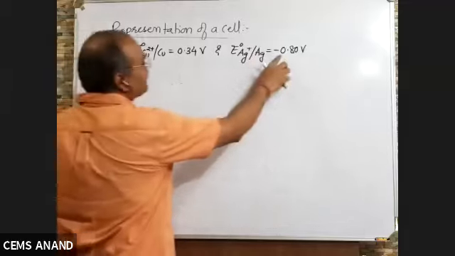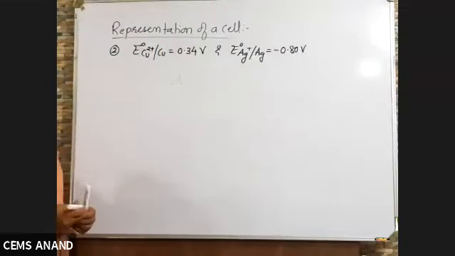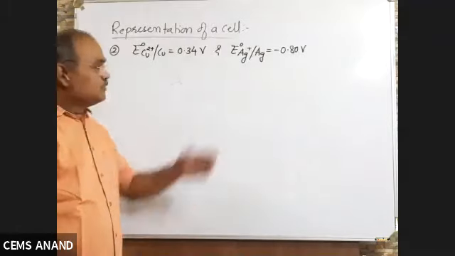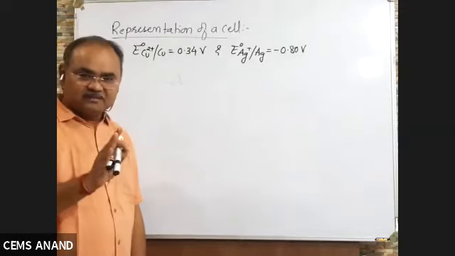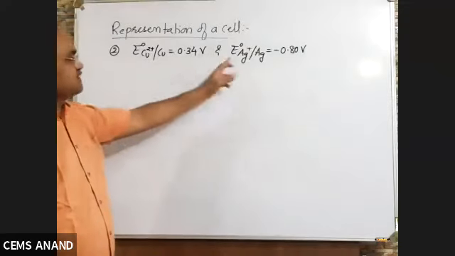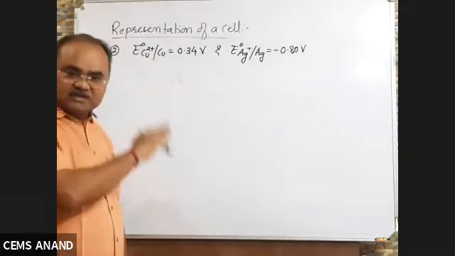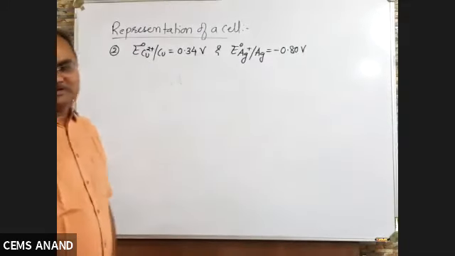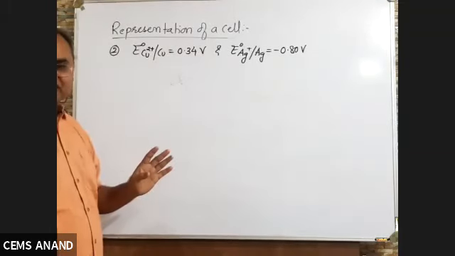Silver is 0.80 volt, copper is 0.34 volt. Now, on the basis of these values, you have to represent a cell. In the exam, they ask you to represent a cell for the given two half cells, and based on these two half cells, you have to represent a cell. They can also ask you to write the cell reaction.